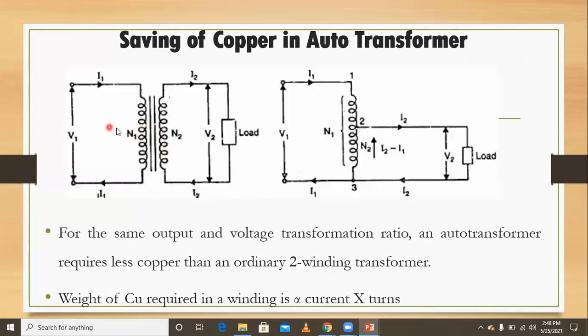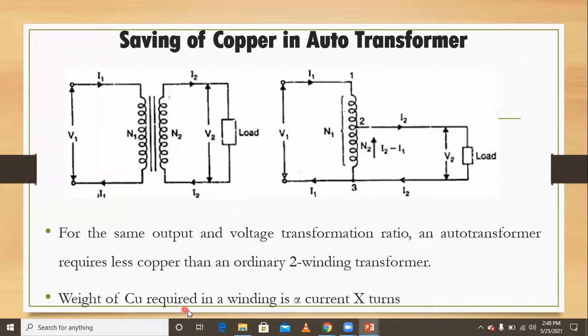Compared to the two winding transformer, the auto transformer requires very little copper because only a single winding is used. But in the two winding transformer, two windings are used, primary side and secondary side, N1 turns and N2 turns. So more copper is required in a two winding transformer, but the amount of copper required in an auto transformer is less.